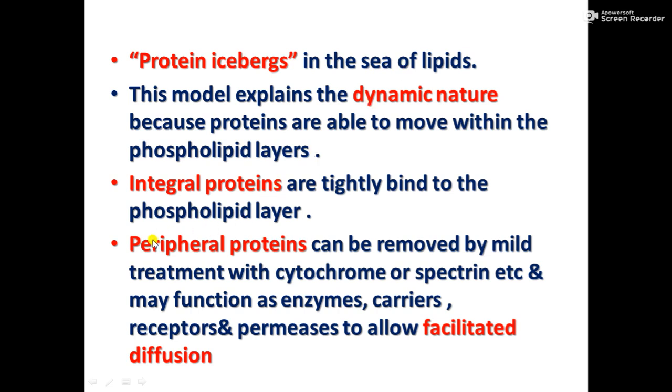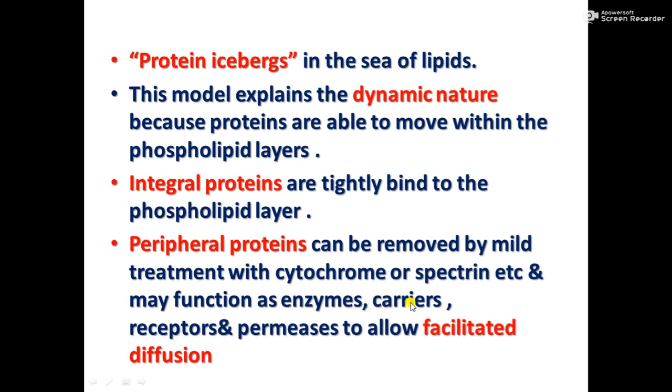Then there are two kinds of proteins I said, peripheral proteins and integral proteins. Integral proteins are tightly bound to the phospholipid layer, so moving or degrading them is very difficult. They are tightly attached. Whereas peripheral proteins can be removed by mild treatment with cytochrome or spectrin, because they can be easily moved, and they function as enzymes.